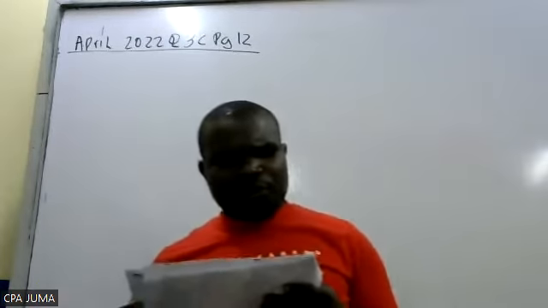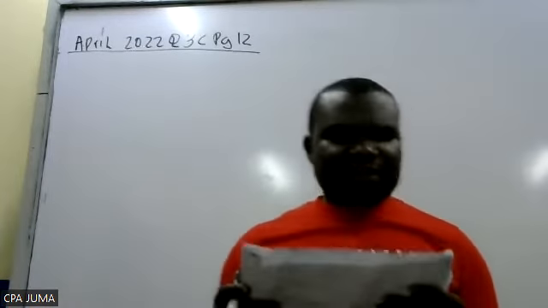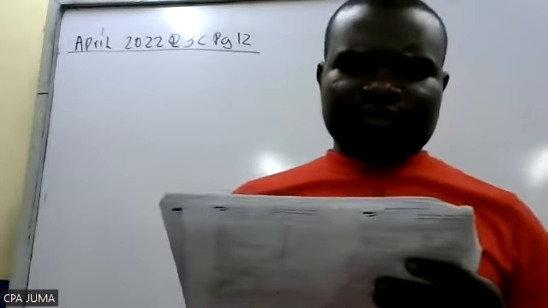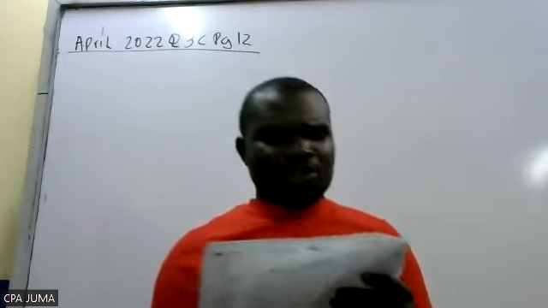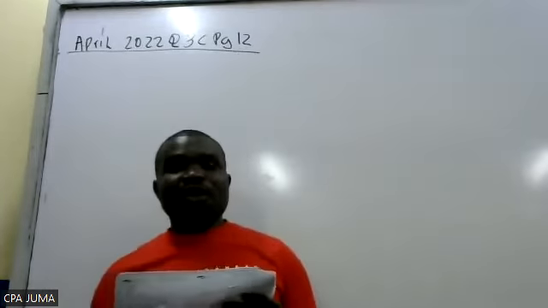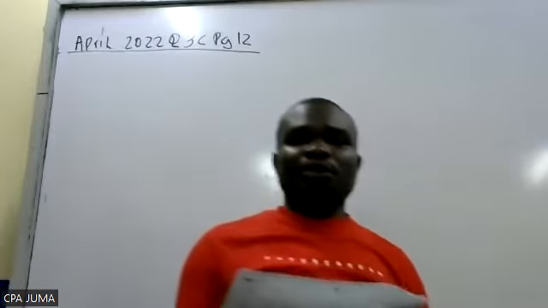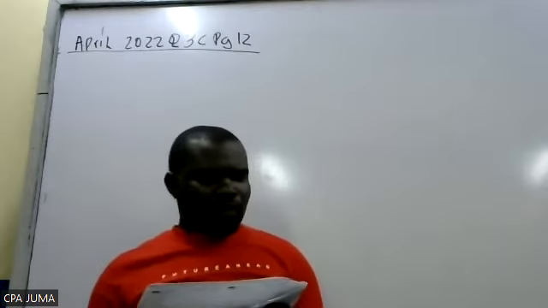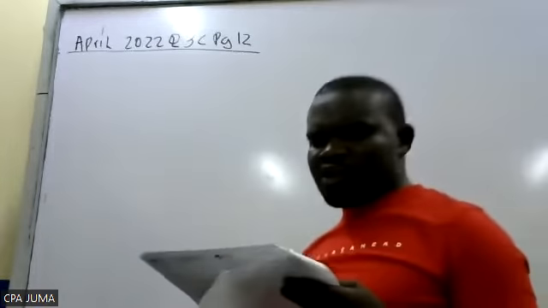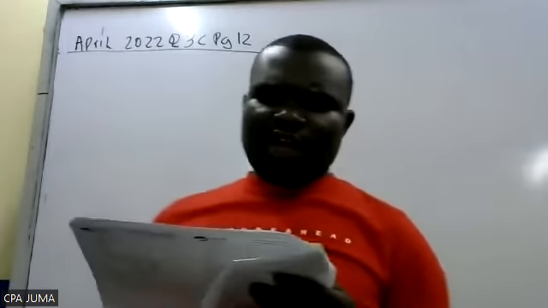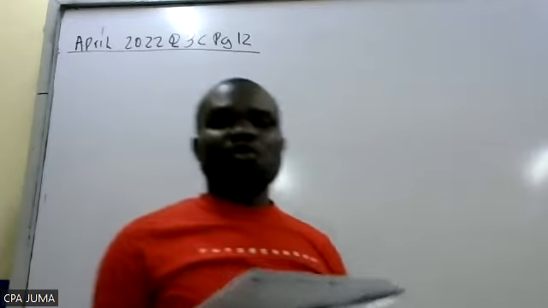R Limited's profit for the year to 30th September 2021 from continuing operations was 14,575. On 30th September 2020, last year, it was 15.1 million. No problem. The following transactions took place during the year ended 30th September 2021.